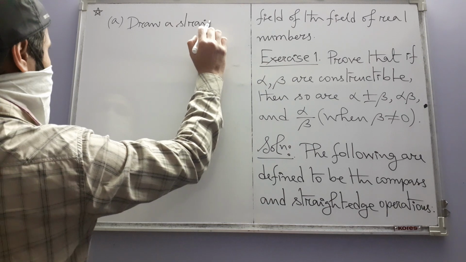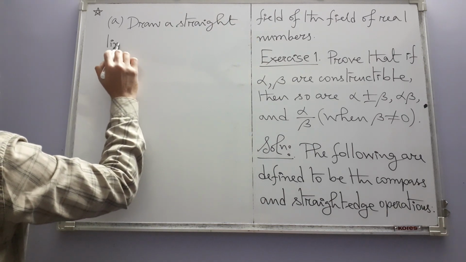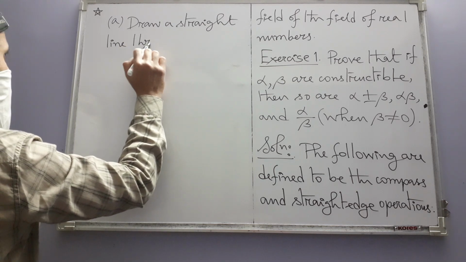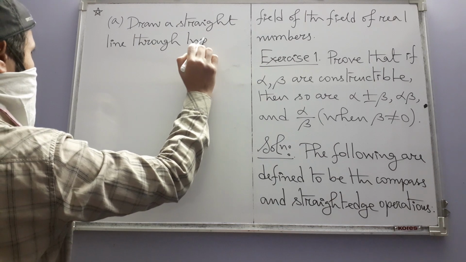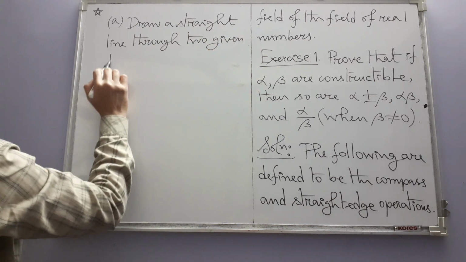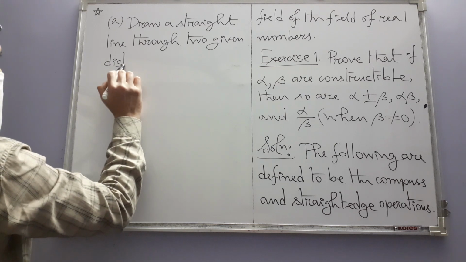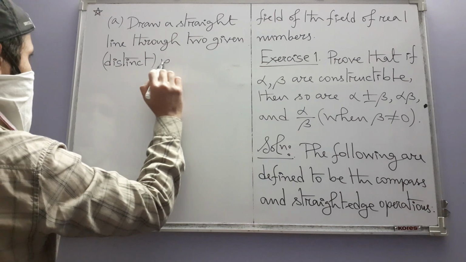Draw a straight line through 2 given distinct points.